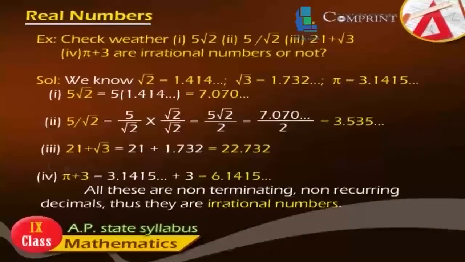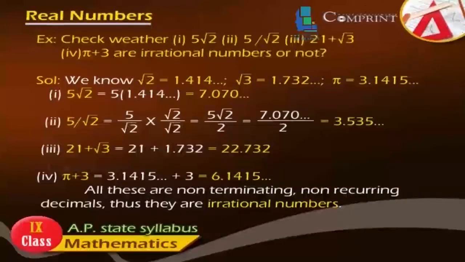Example: check whether 1. 5√2, 2. 5/√2, 3. 21 + √3, 4. π + 3 are irrational numbers or not.